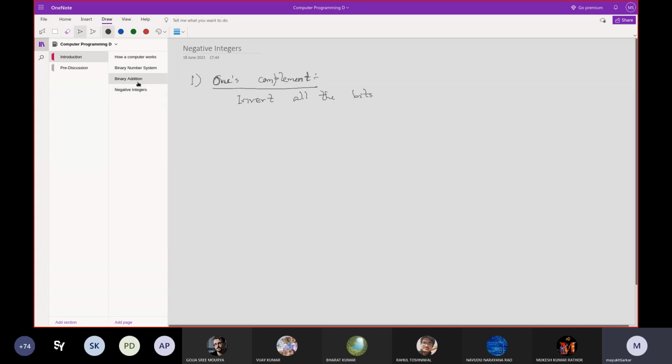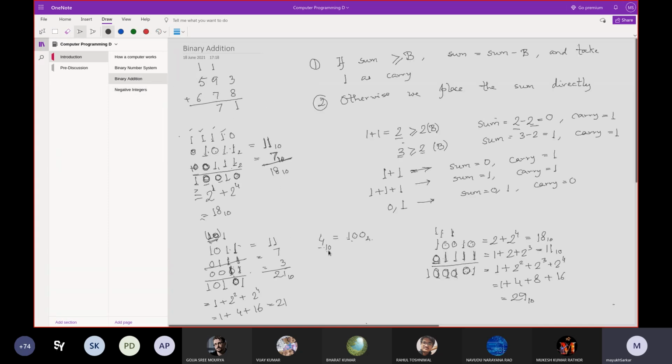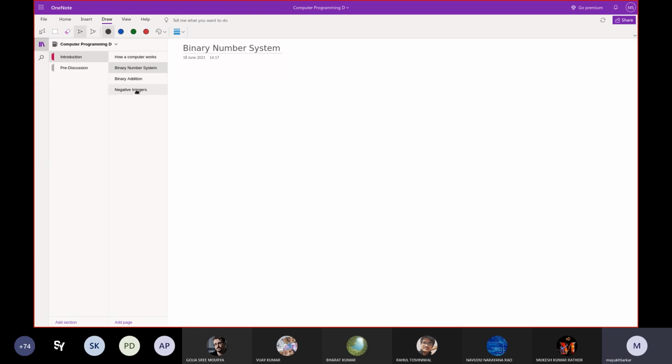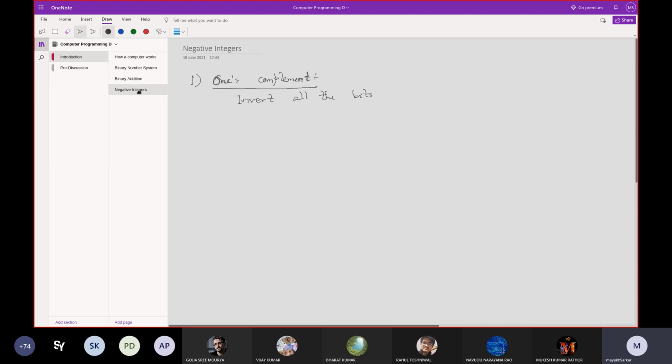So let me take a number from the previous page. Suppose, let me take some bigger number. Okay, I'm getting a delay again. Suppose 45 in decimal, the one we used on the previous page.